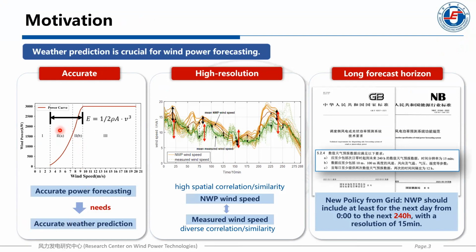Because there is a cubic relationship between the speed and the power. So when the wind power share in the power grid is increasing very fast, the accuracy required for wind power forecasting also increases very rapidly.